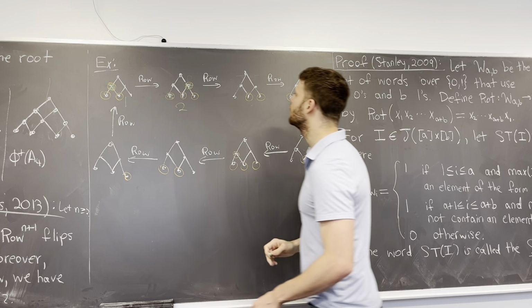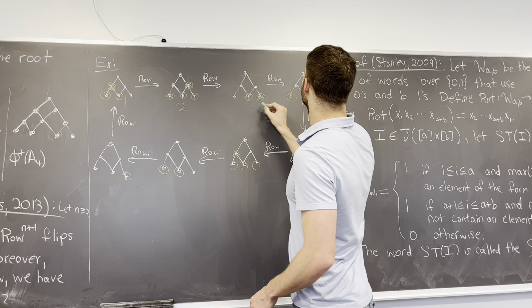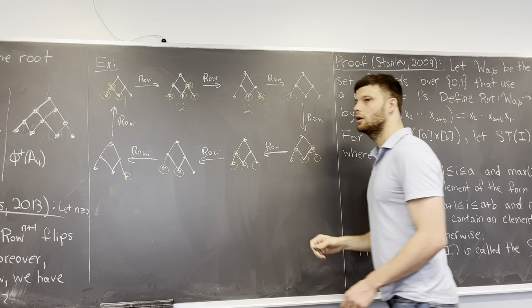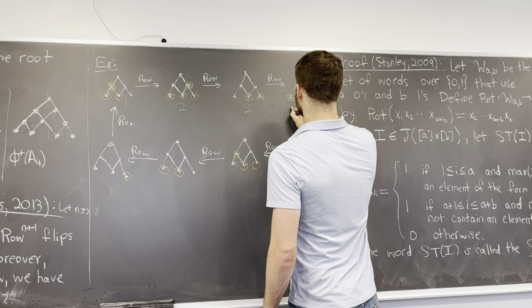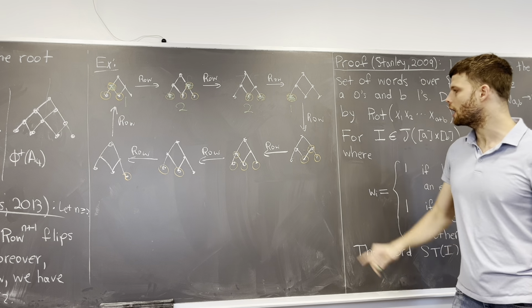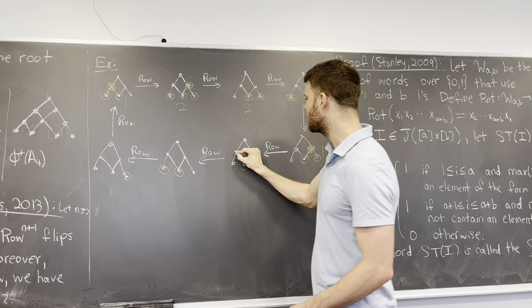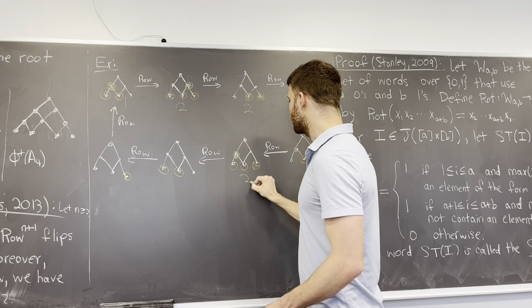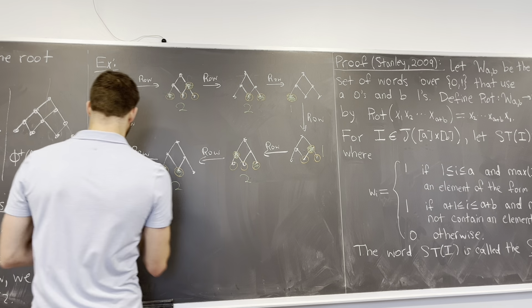So 2. This has 2 maximal elements, these 2. So I write a 2. This has 1 maximal element. So I'll write a 1. This has 1 maximal element. So I write a 1. This has 2 maximal elements. So I write a 2. This has 2. And this has 1.